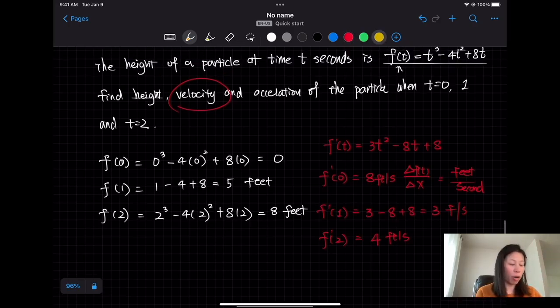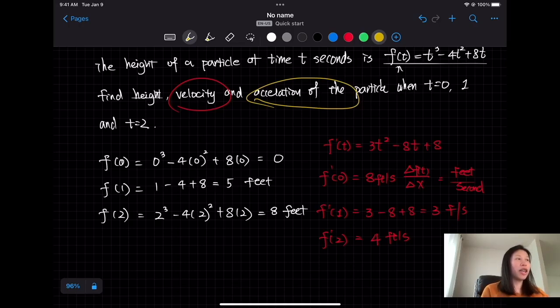Okay, last part is the acceleration. So how do you find the acceleration? Well, if you think about what acceleration is, it's going to be your second derivative, because acceleration is the rate of change of the velocity, right?